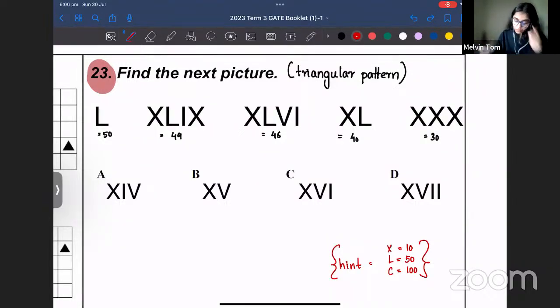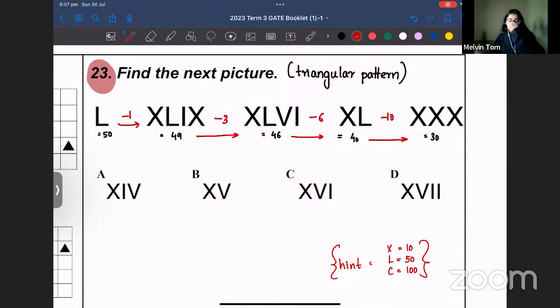Now, from 50 to 49, we have a difference of minus 1. 49 to 46, a difference of minus 3. 46 to 40, minus 6. 40 to 30, minus 10. This question is basically a pattern inside a pattern. We found 1, 3, 6, and 10.